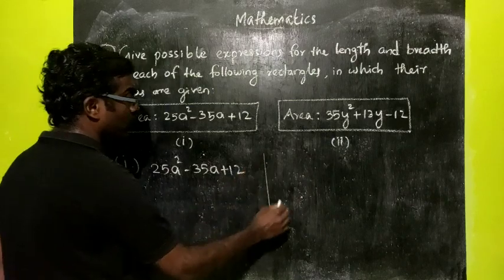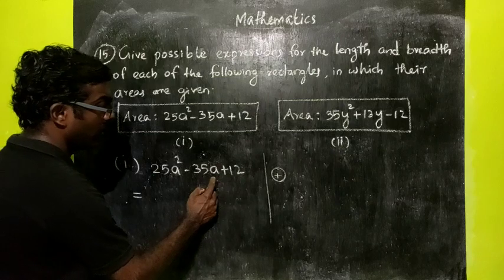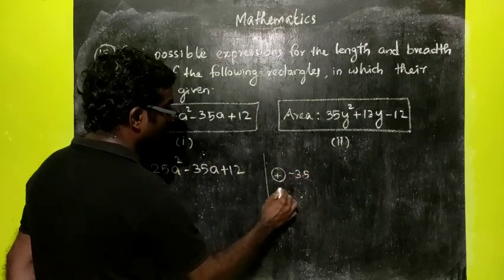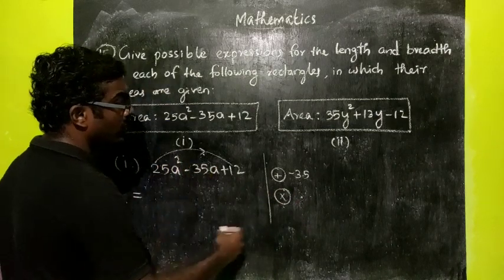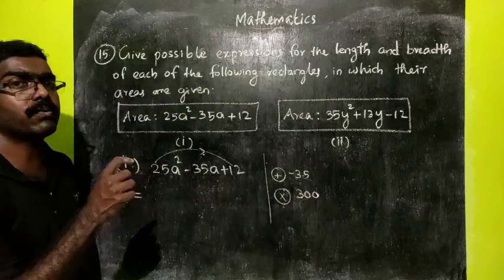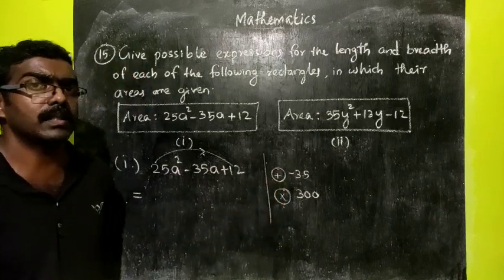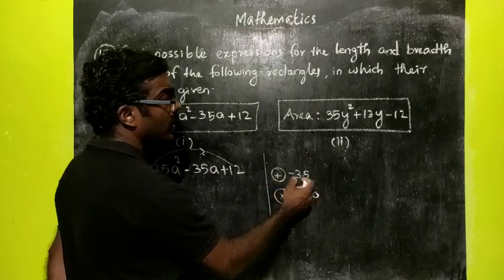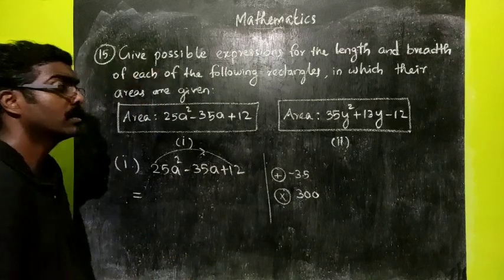Here the sum of the two numbers is the coefficient of a, which is minus 35, and the product is 25 into 12, which is 300. So we have to find a pair of numbers satisfying these two conditions simultaneously. What are the numbers?